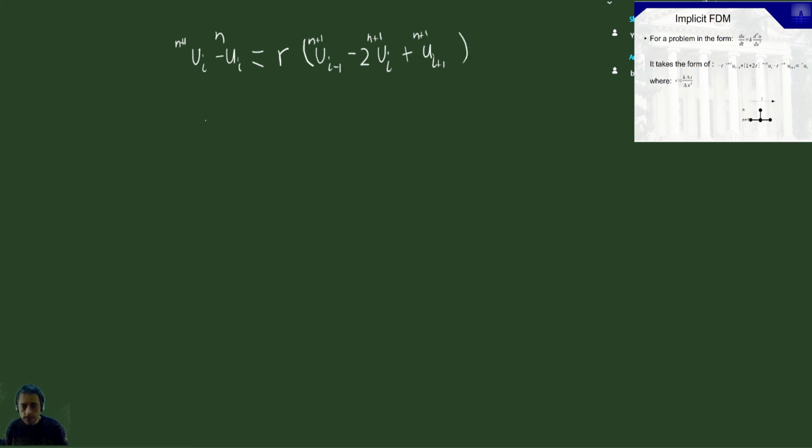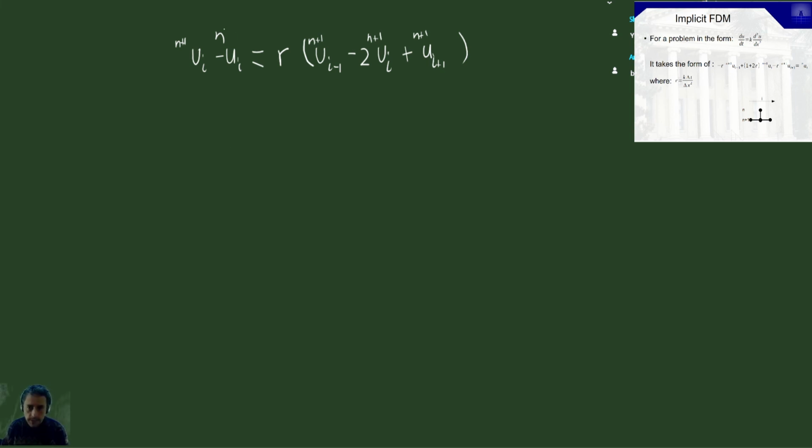So basically we want to find at n plus 1, so we transfer everything on that side, right?